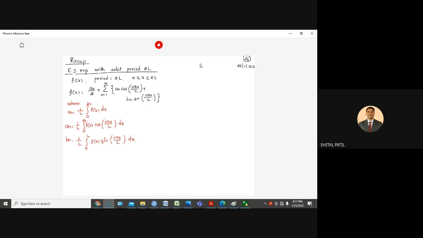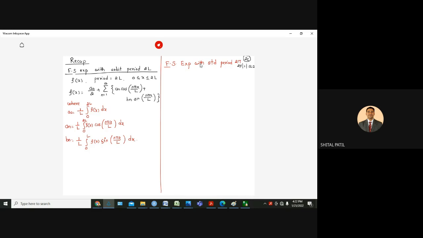So now I will write the three formulas. This is the first formula, and two more formulas corresponding to the Fourier series expansion of even function and then Fourier series expansion of odd function. But those formulas are when the period is arbitrary period 2L. Now let me consider the standard period 2 pi.